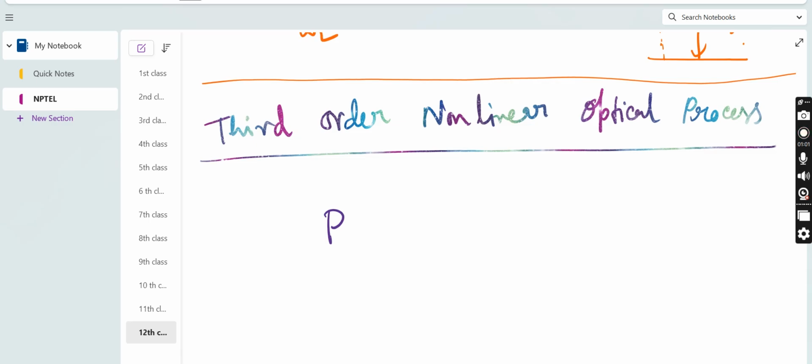So the third order polarization contribution can be written like this.